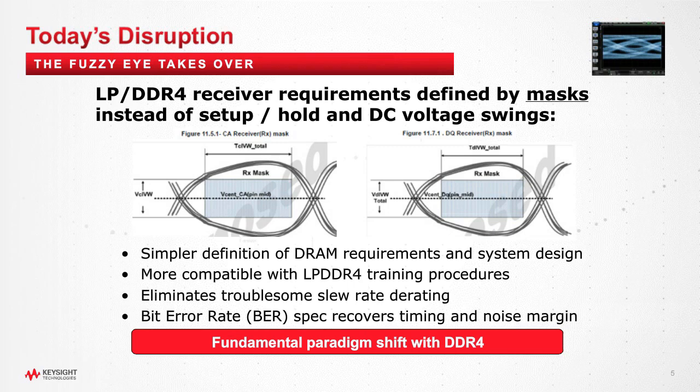Slew rate derating was a way of trying to map that onto a traditional high-speed digital specification. Going to a true serial speed statistical I eliminates the need for that, and also recovers a lot of timing and noise margin that was just ignored in the previous specs.